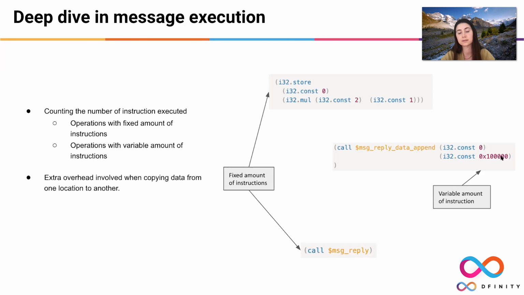The difference here is that based on its parameters, this will copy data from the heap to the message reply, so this operation will require more instructions to be executed. This is the main idea: some operations have extra overhead because they involve copying data from one location to another, so we want them to require more instructions to execute, as they are expensive.